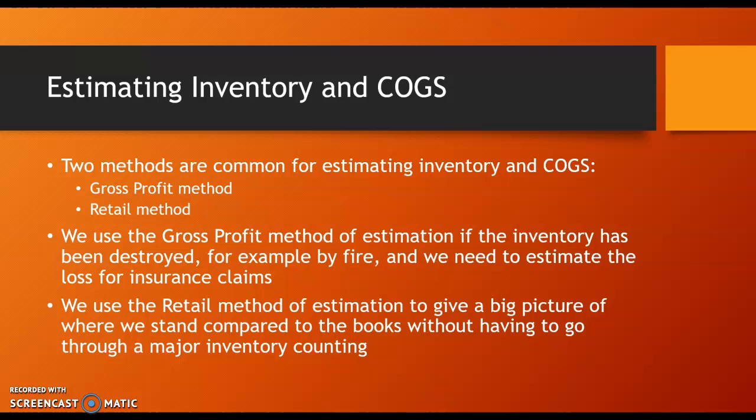So if we use this retail method, we can get just a ballpark picture. We compare it to the books. If everything is good, then we just move on. If there looks like there's a serious problem, then we can go forward and actually do an actual count.